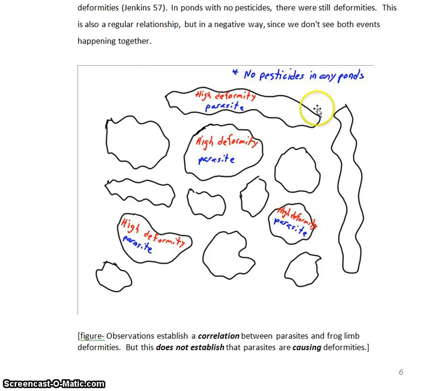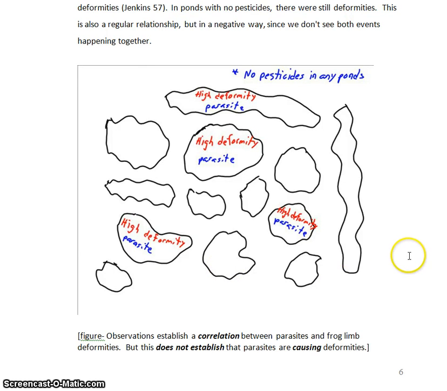And in fact, they found no pesticides in any of the ponds. However, where they found high rates of frog deformities, they did find the presence of parasites. In each of the ponds that had a lot of frog deformities, there were parasites present. And take a look, in ponds where there were no frogs with deformities, there were no parasites present as well.